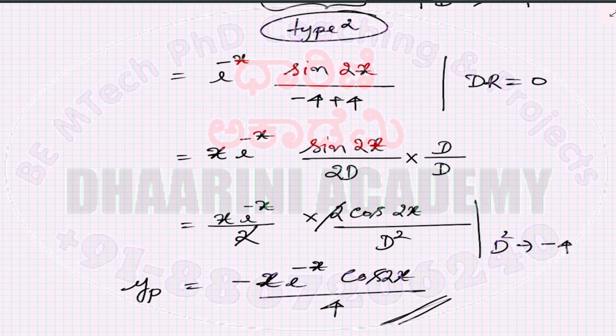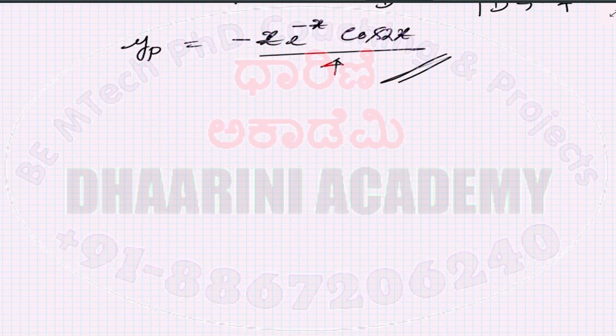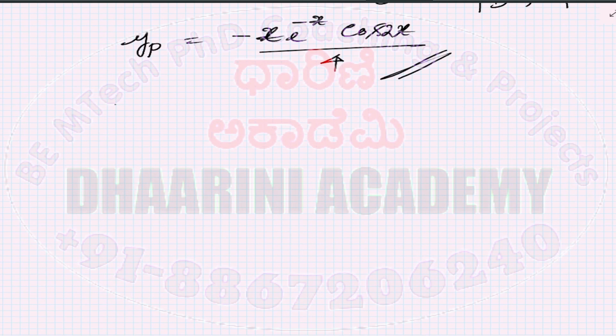To write the final answer, we use y is equal to yc plus yp.